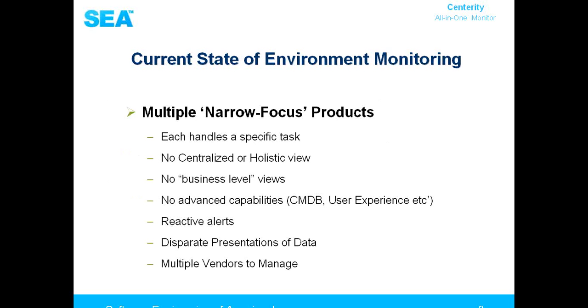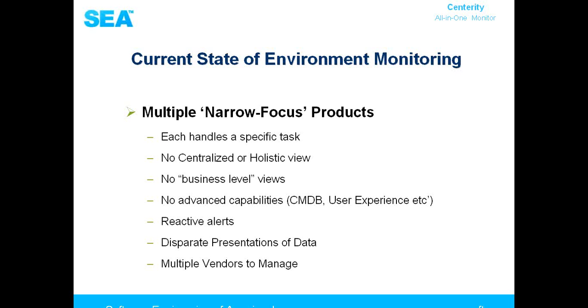So let's start with the point products, which address specific tasks such as monitoring servers only or checking your email, for instance. With these products, it's difficult to get a big picture of the state of your business. There are no drill downs or business level views specific to the root cause of problems causing a business outage or, say, a service disruption.